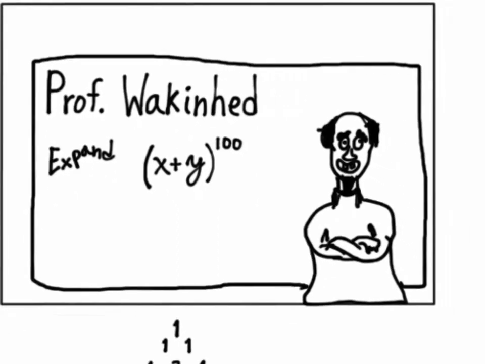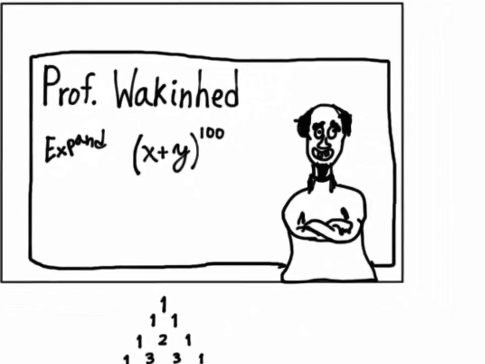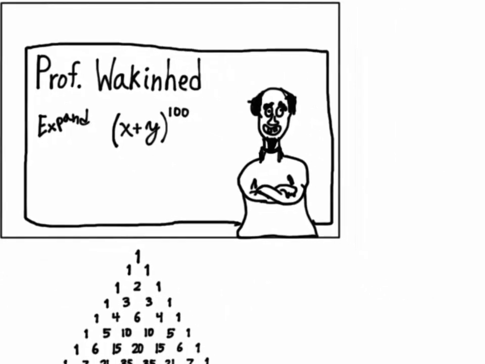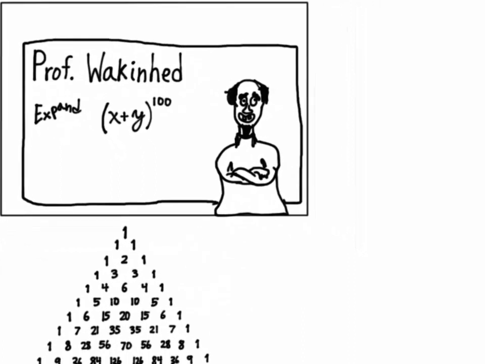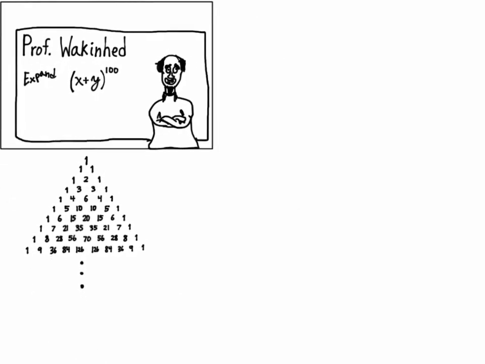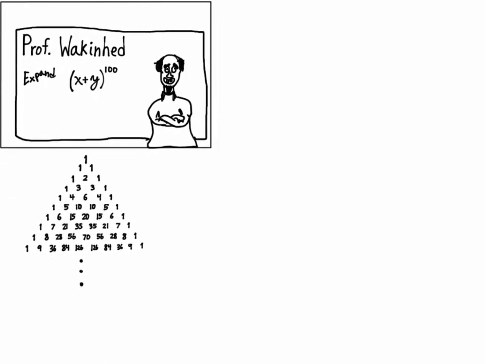And you might have said to yourself, how could Professor Wagenheat expect me to write out Pascal's triangle all the way to the line that starts 100? That's way too much work and too much paper. But actually, Professor Wagenheat has another trick in mind that will make the problem simpler.